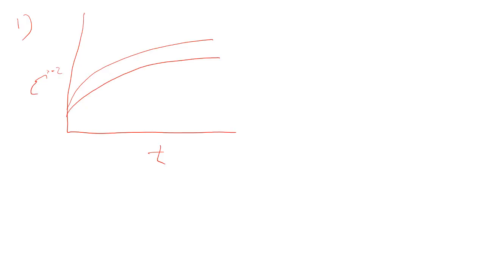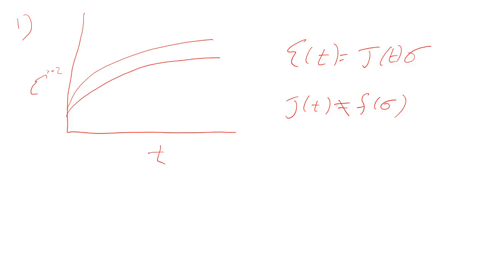Just remember, what's the definition of linear viscoelasticity? It's that we have a time-dependent strain, a time-dependent creep modulus, and that our creep modulus is not a function of stress.